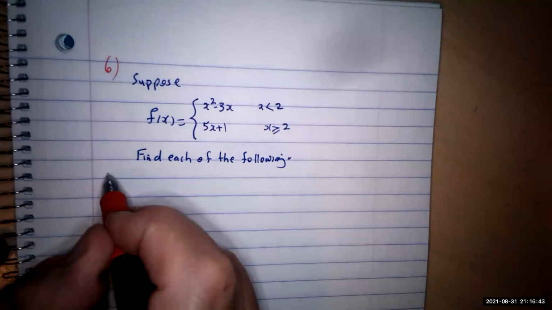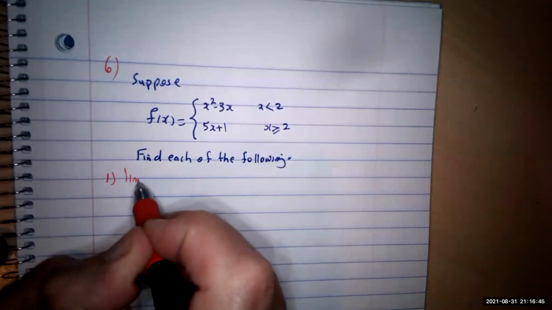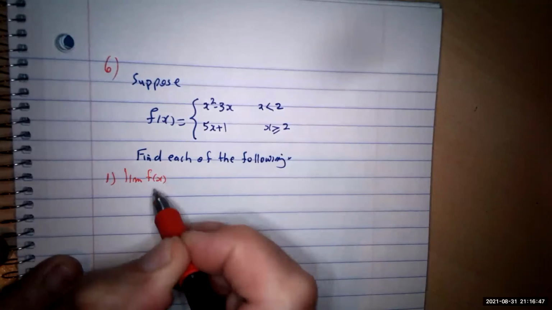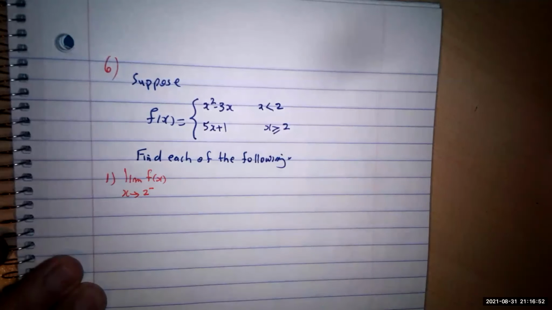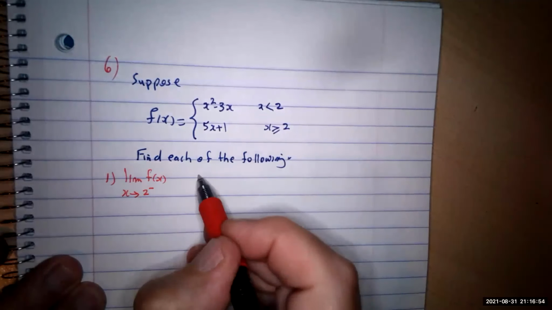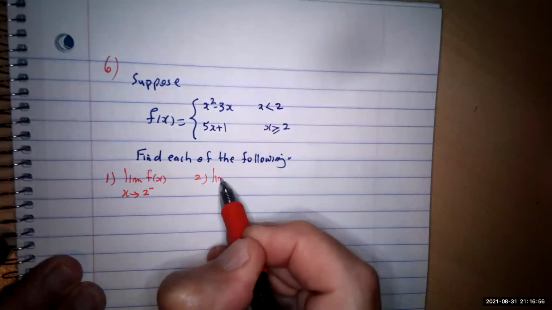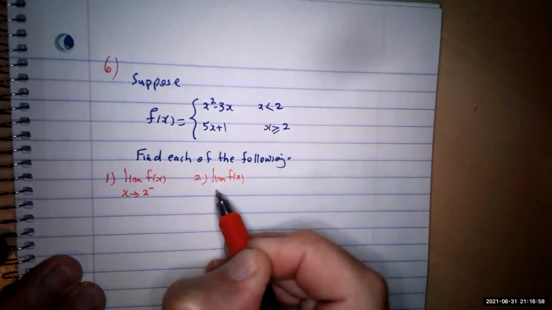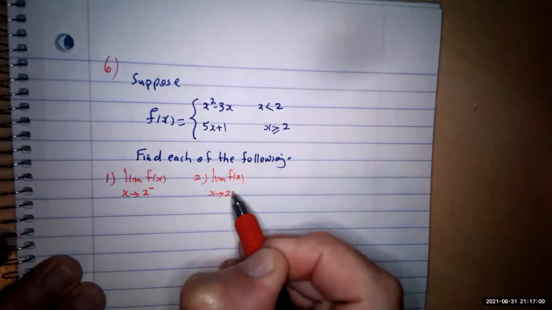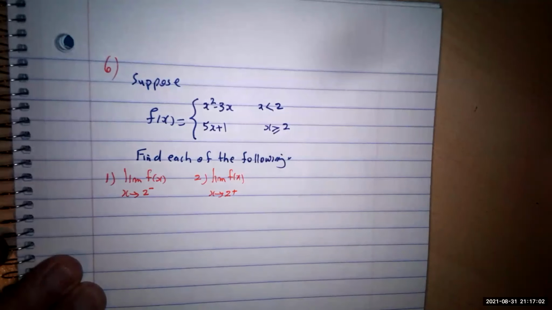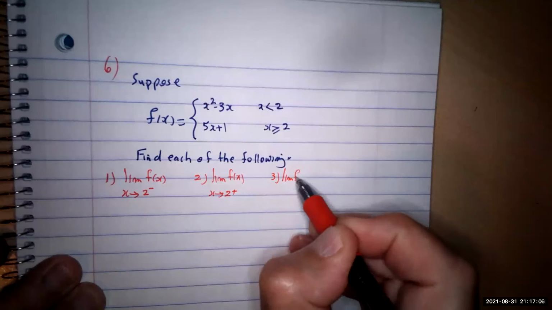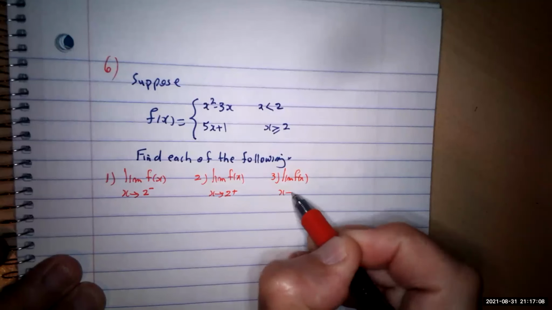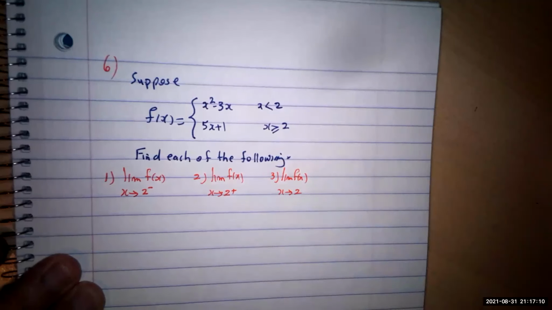Okay, the first one. Limit of f of x when x goes to negative 2. The second part. Limit of f of x when x goes to positive 2. The third one. Limit of f of x when x goes to 2. We're just focusing on that partition point.